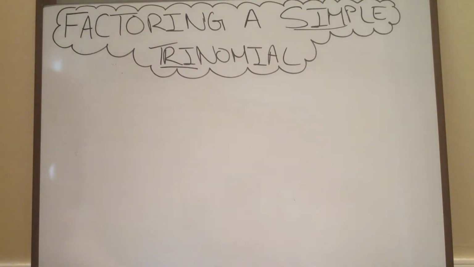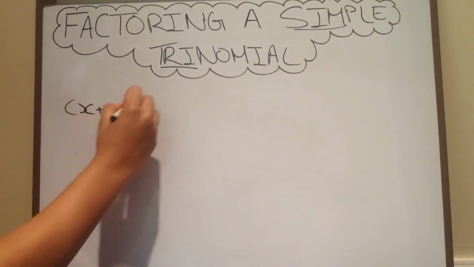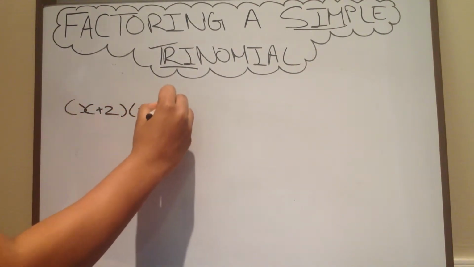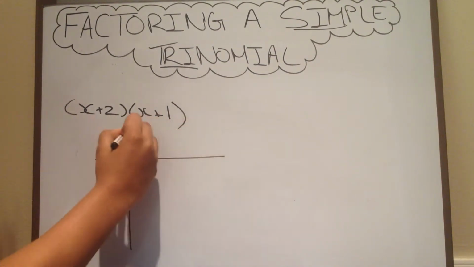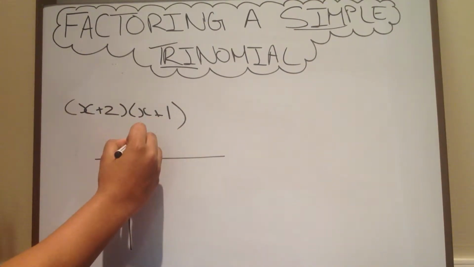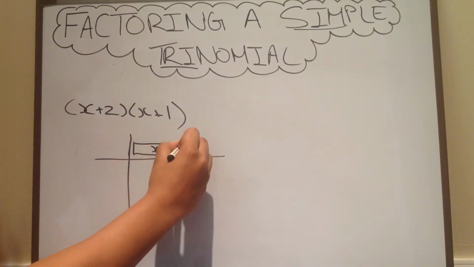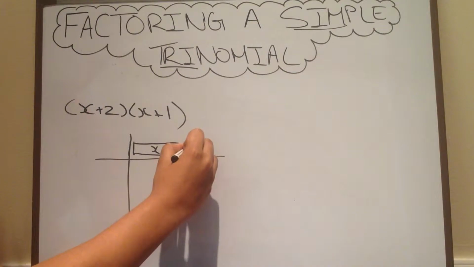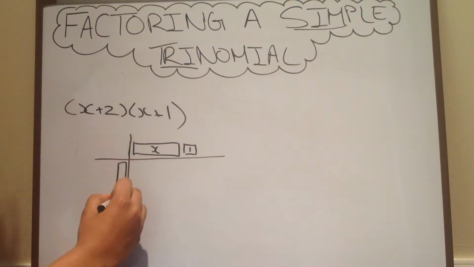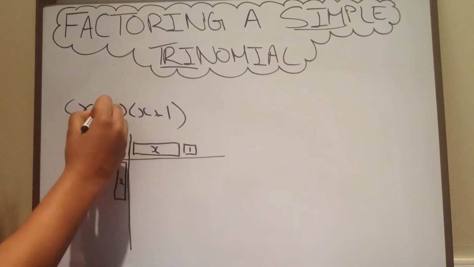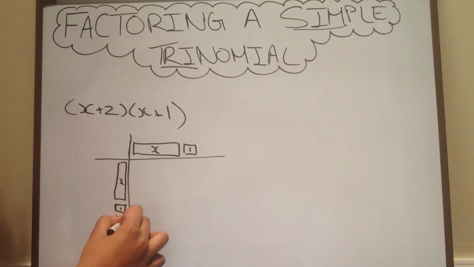So let's say we have x plus 2 and x plus 1. If we were doing this with algebra tiles, this would be x, and then we would have 1, and then we could have an x here for this bracket, and then we would have 2.